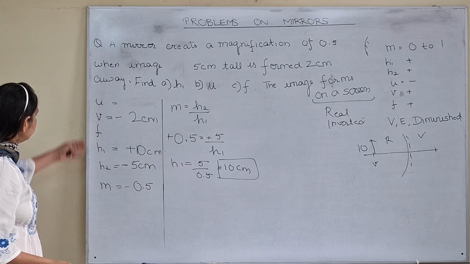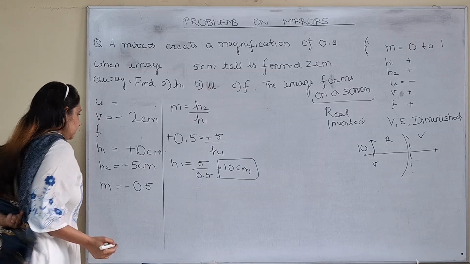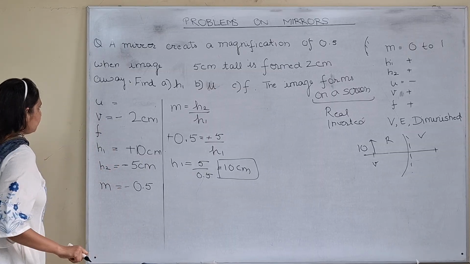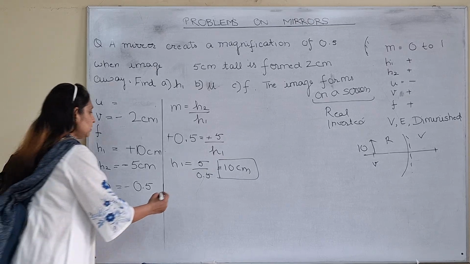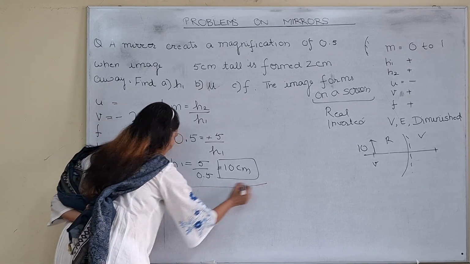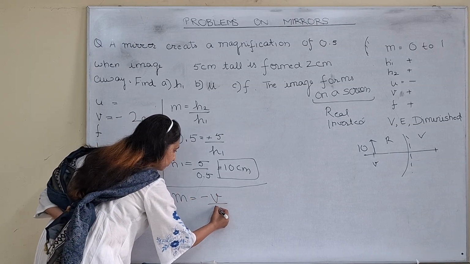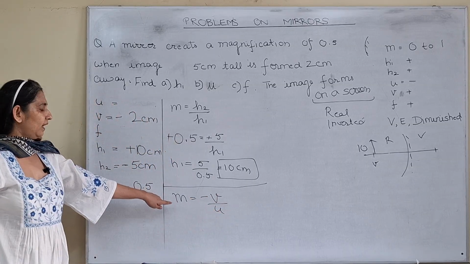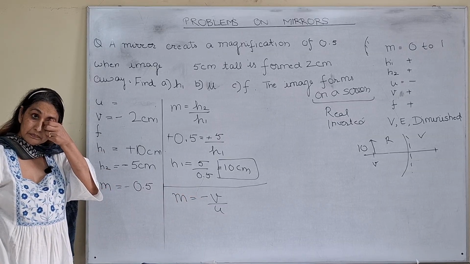Now what should we find? Let's find U first. Where is this object placed? For that we don't have F, we have V. So again you can use, or I can use, the formula M is equal to minus V by U. Why? Because I have M, I have V, U is what we have to find.